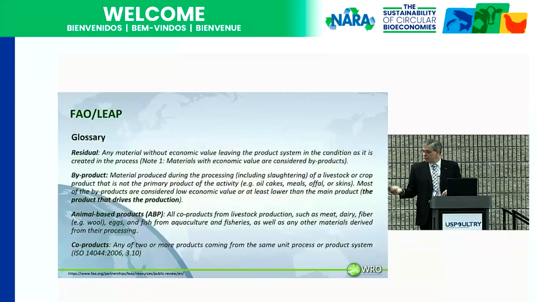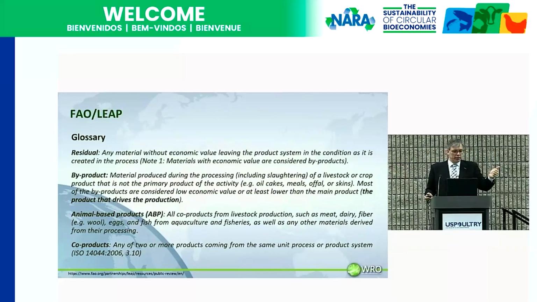I also take the opportunity to address four items of the glossary of the manual. There is a lot of talking. Are we recycling residues? Are we recycling byproducts? Are we recycling co-products? For the first time, it's going to be very clear what we do on our daily basis.